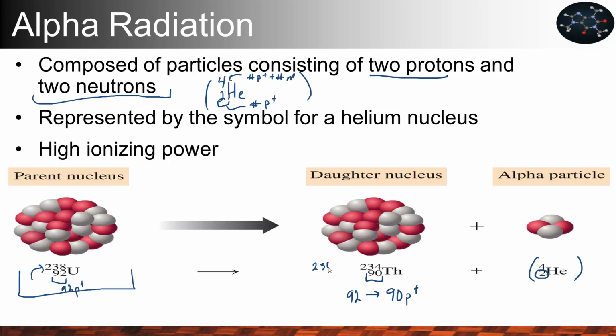So 238 goes to 234 for the top number. Now, one thing I want you to notice is that 234 plus 4 gives me 238, which is what I started with. 90 plus 2 for the atomic number gives me 92, which is what I started with.